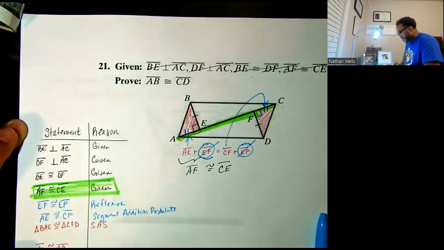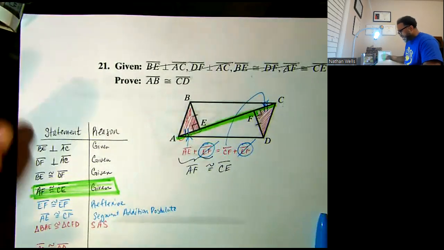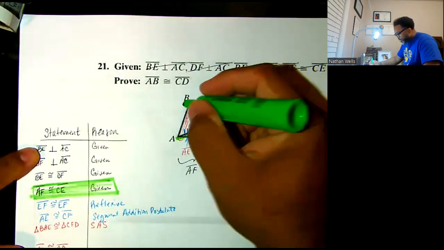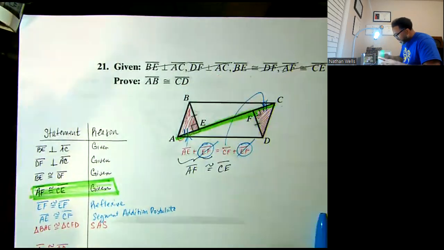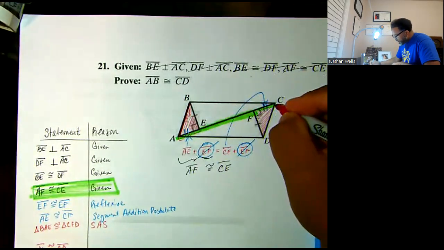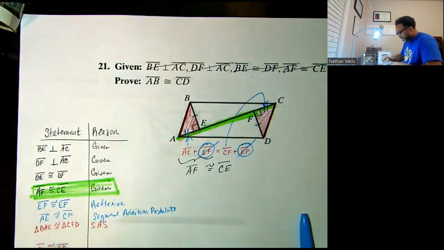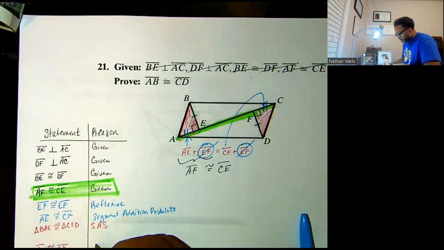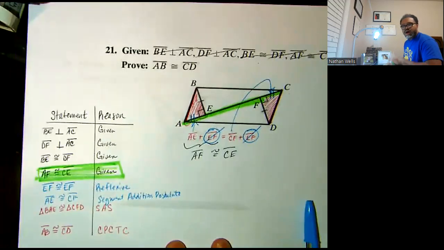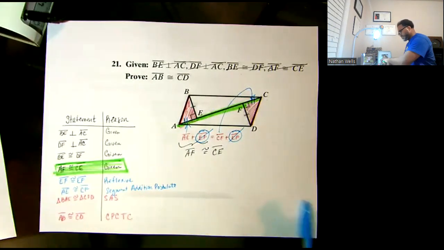Now that these two triangles are congruent, we have enough to say what we wanted in the first place: that segment AB is congruent to segment CD because corresponding parts of congruent triangles are congruent. So that's that one.